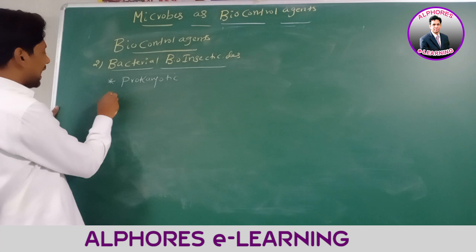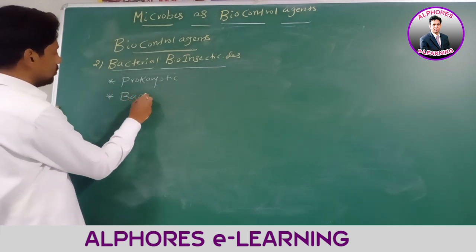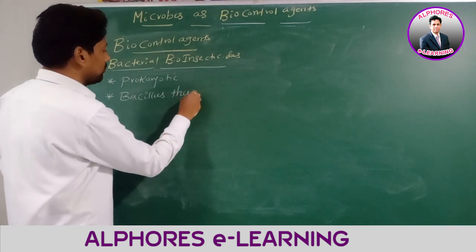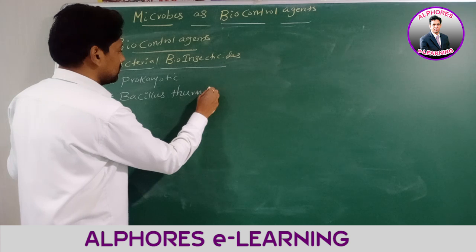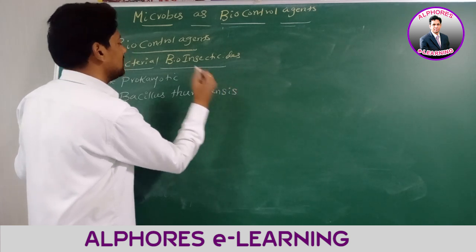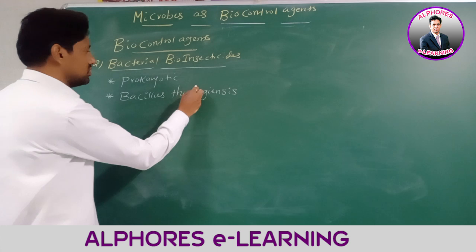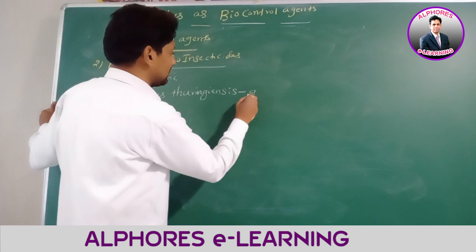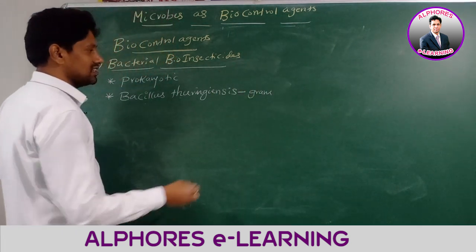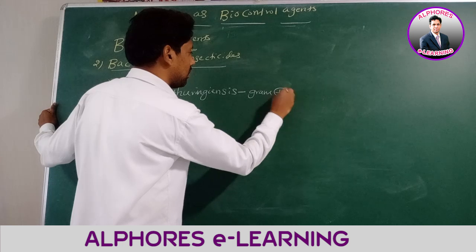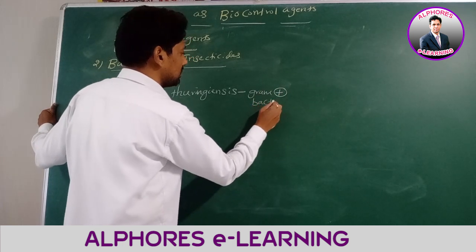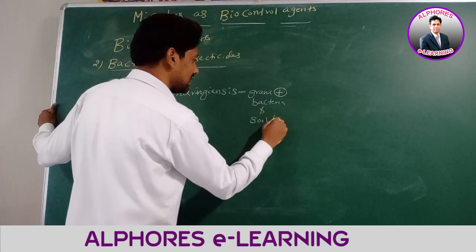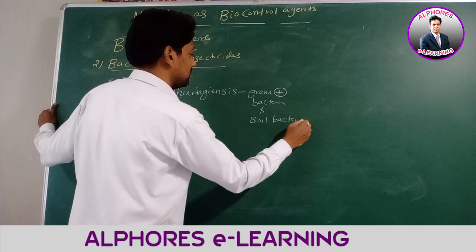Here we are taking a bacterium by the name Bacillus thuringiensis. Bacillus thuringiensis is a gram-positive bacterium and it is a soil bacterium, meaning it lives in soil.